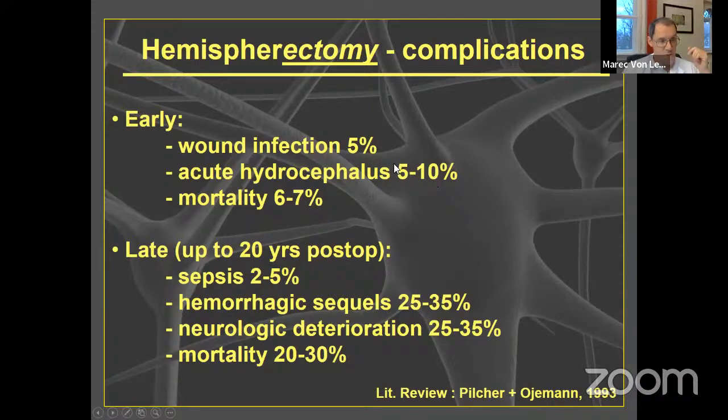So these are major issues and are responsible for a high rate of mortality in the early days. The late sequelae of the hemispherectomy are again hydrocephalic problems, but they always have some kind of neurological deterioration over the years, and this is true for a long-term follow-up of these patients after hemispherectomy.